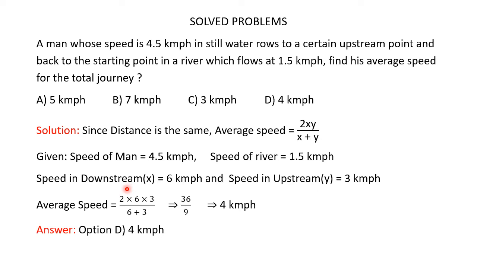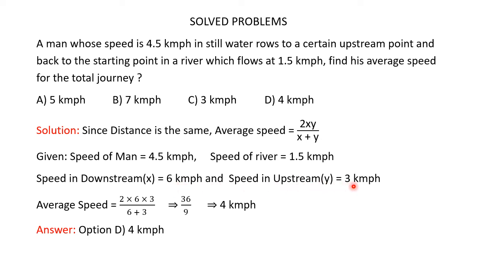So the man's downstream speed will be 4.5 plus 1.5, which is 6 kilometers per hour. When the man goes upstream, he has to go against the speed of the river. So his speed upstream will be 4.5 minus 1.5, which is 3 kilometers per hour. So now we know the value of x as 6 kilometers per hour and y as 3 kilometers per hour.